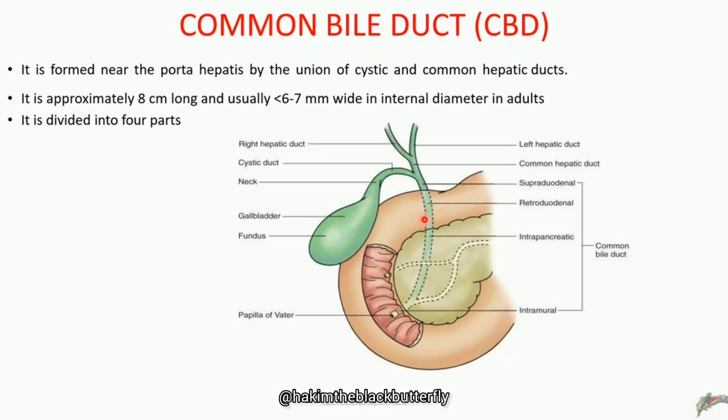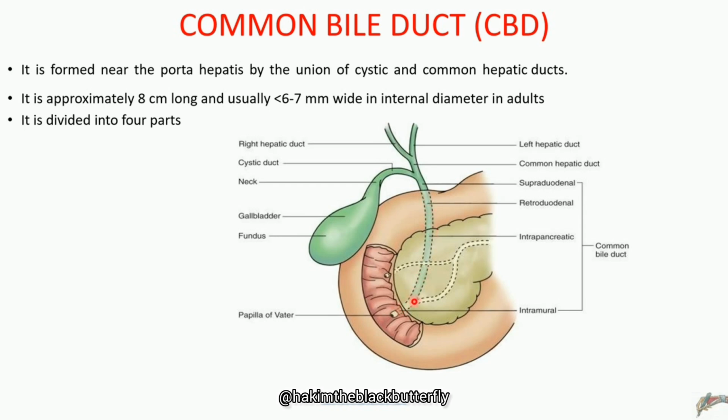This dimension can increase. For example, if there is a stone plugging in here, the contents are going to fill it, move backwards and overfill it, and the dimension can increase.